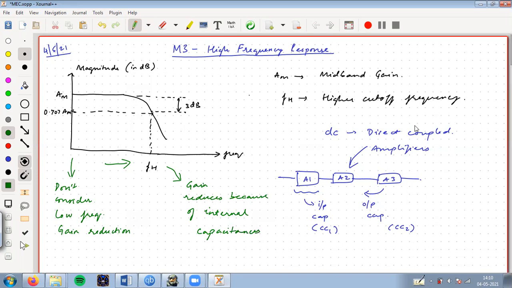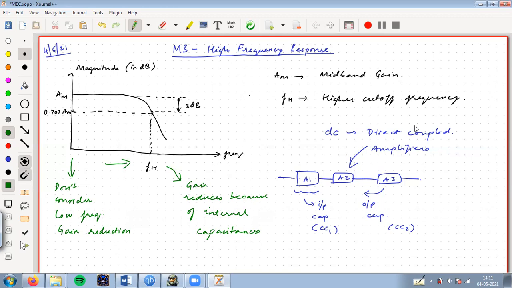You have already learned this in your CMOS review: the internal capacitances of a MOS. You have a capacitance between gate and source, between gate and body, between gate and drain, between source and body, between drain and body.